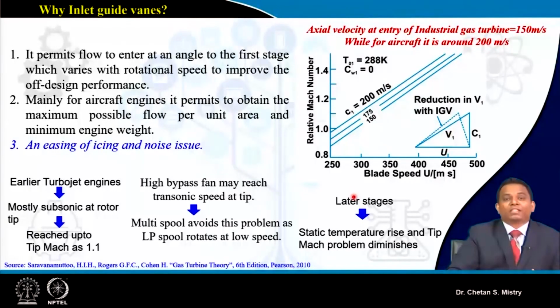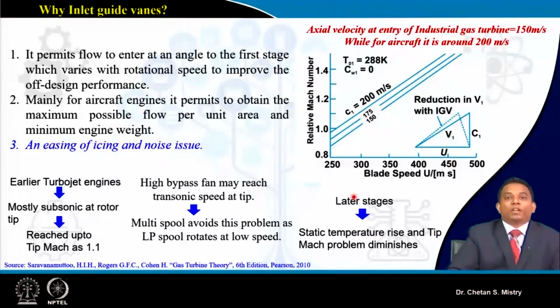Now, in the last lecture, I was showing you the blades for the HP compressor, and there I said those blades are of the subsonic kind. What is the reason? When I increase my pressure ratio, going from LP spool to HP spool, with the increase of pressure my temperature also increases.